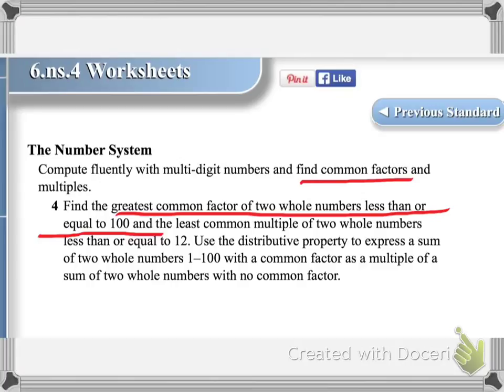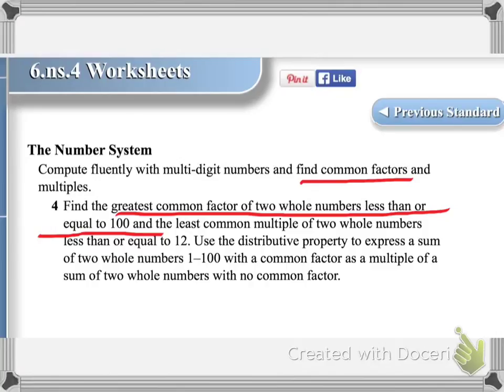But what we're going to focus on for this particular video is what's underlined in red. By the time we're finished, we'll be able to do the greatest common factor, the least common multiple, and the distributive property. So we're going to work on all of these together, this whole entire standard, but this video we're going to start with just the greatest common factor.